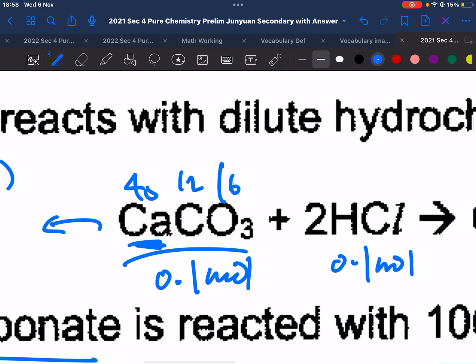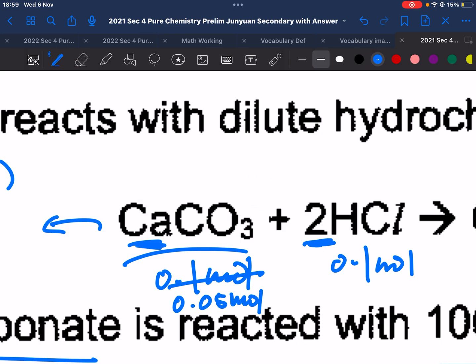However, this is actually a 2, so for every 2 moles of hydrogen chloride reacted, there will be 1 mole of calcium carbonate reacting with it. So since I have only 0.1 mole of HCl, I can only accept 0.05 mole of calcium carbonate reacting with hydrogen chloride, because it must always fit the ratio.